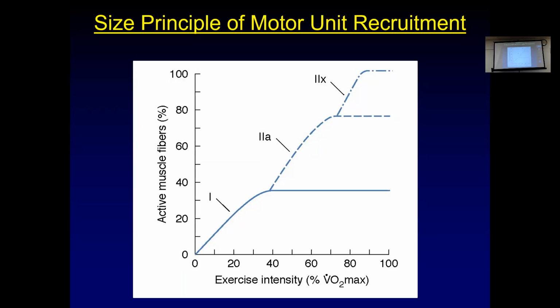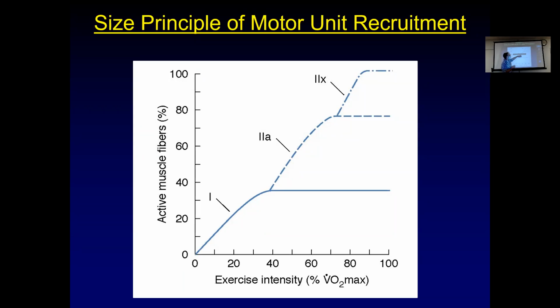Well, the way that this tends to go, in every muscle in your body, is small motor units. So motor units that connect a motor neuron to a very few number of fibers tend to be type 1 or slow twitch muscle fibers. And then they're going to get bigger and bigger. They're going to get more and more fibers, and we're going to migrate into the type 2A fibers.